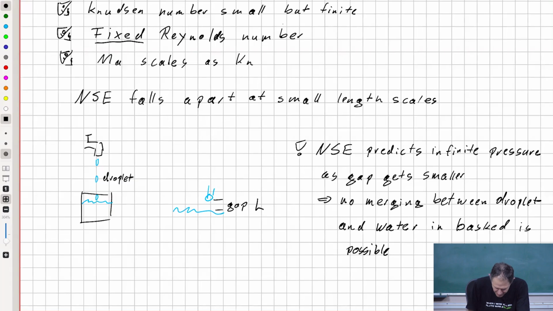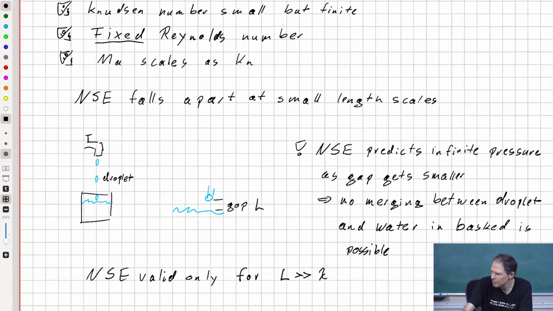The point here is, of course, that this is only true if L is much larger than the mean free path. You can use the Navier-Stokes equation only if L is much larger than the mean free path.